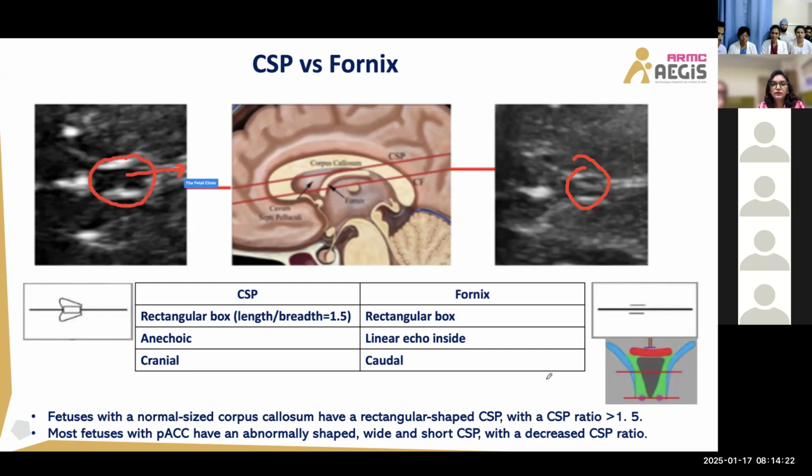You can never make the fornix long, but you can always bring the CSP long. And that little bit of posterior aspect, the vergae, if you show it, if you start making it long, then you can be sure that it is a CSP. This is especially useful where there is a lot of reverberation in a thick woman. Please proceed, ma'am.